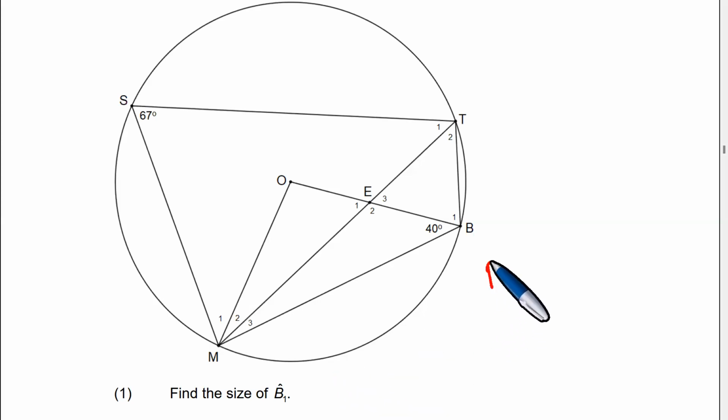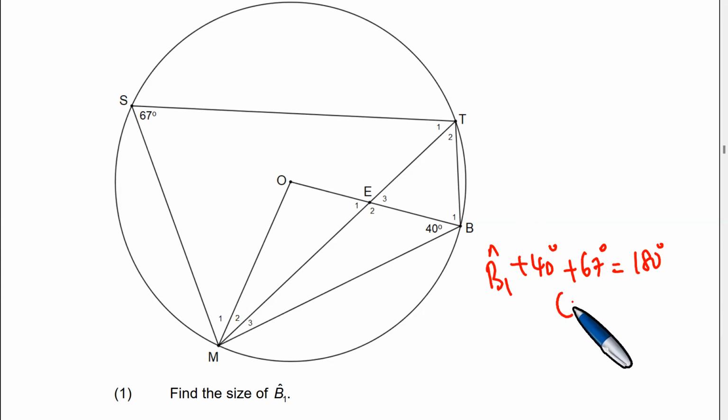angle B1 plus 40 degrees plus 67 degrees is equal to 180 degrees. Why?